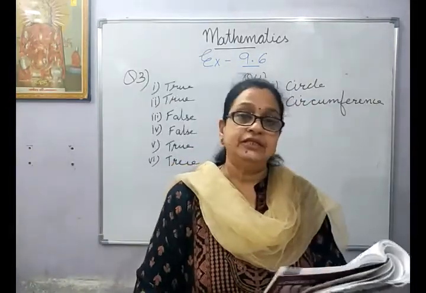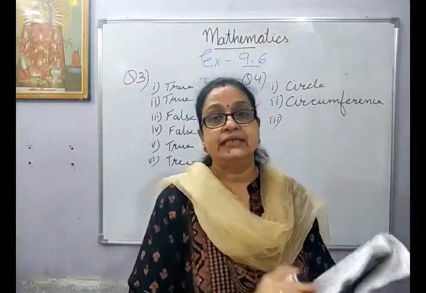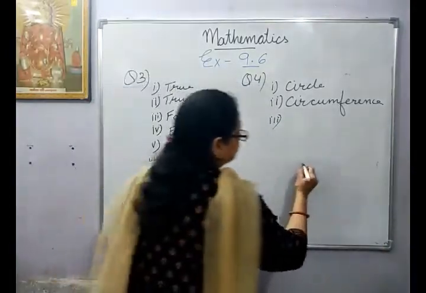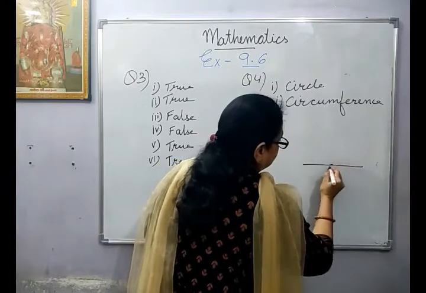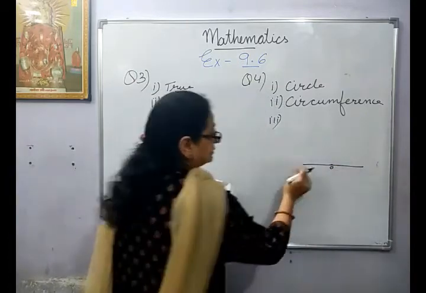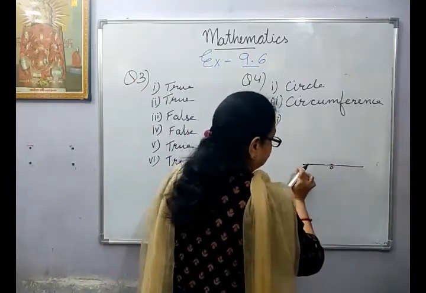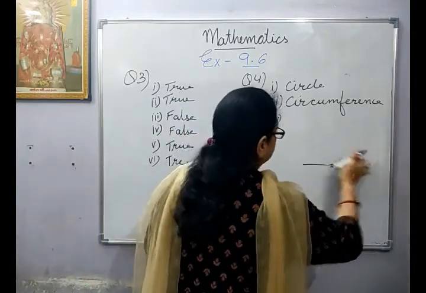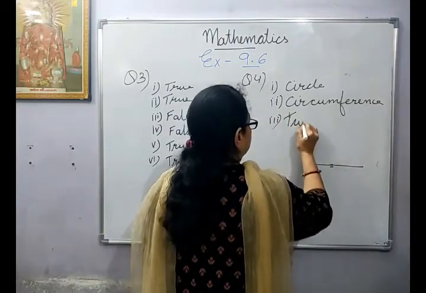The diameter is dash the length of the radius. It is twice. Because suppose this was the center. This is one radius, this is the second. That means one this, and total is diameter, so it will be twice.